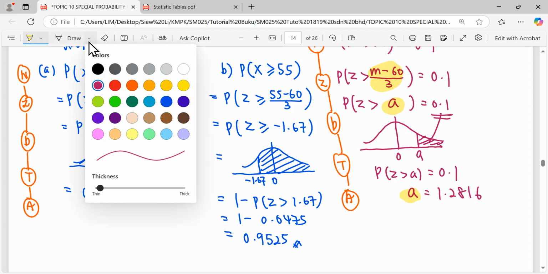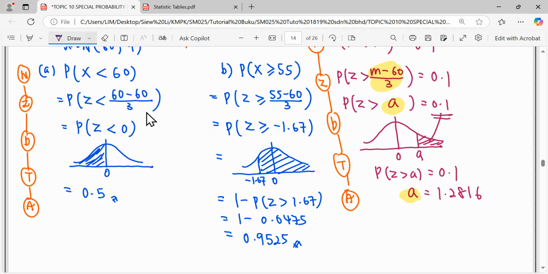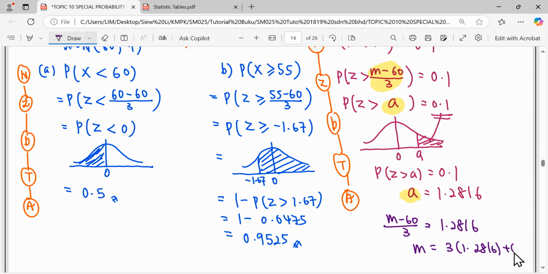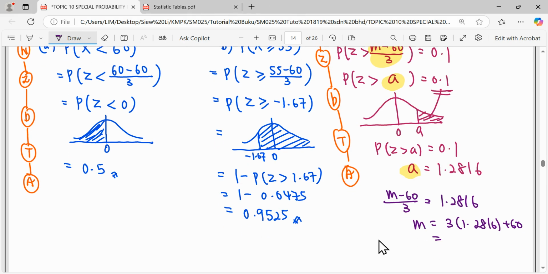I need to find out what our passing mark is. Therefore, I substitute M minus 60 over 3 equals 1.2816. Multiply by 3 and plus back 60. So here we have our passing mark to get grade A, which is 63.84. So that's all for this. Thank you for watching.